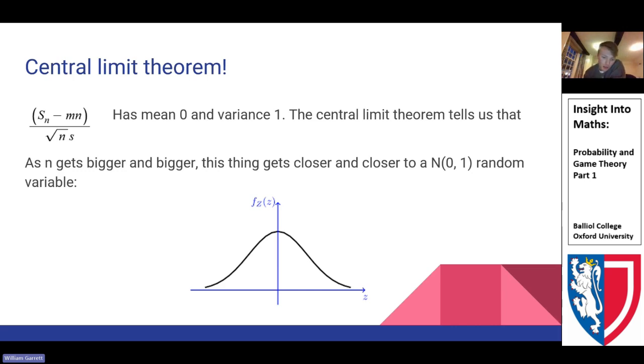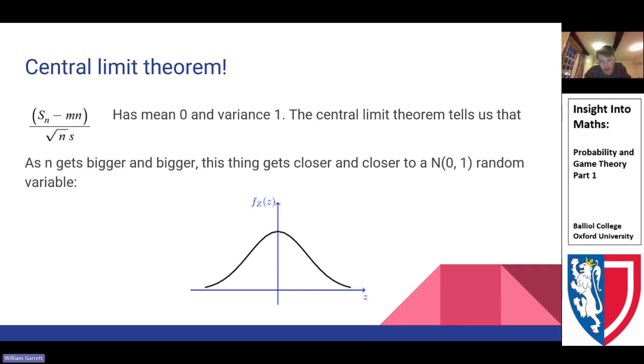And what I'm about to tell you is the reason why you see the normal distribution absolutely everywhere. So it's a theorem, and it's called the central limit theorem. It's kind of like, first you do the law of large numbers. Central limit theorem is like the next best thing in probability. And it tells you that so we know that this thing I've written down, the average of the first n things, has mean 0 and variance 1.